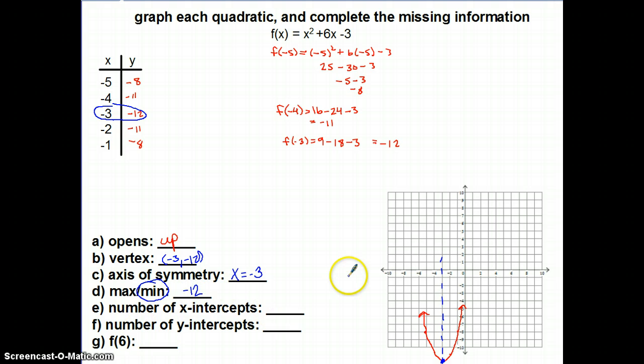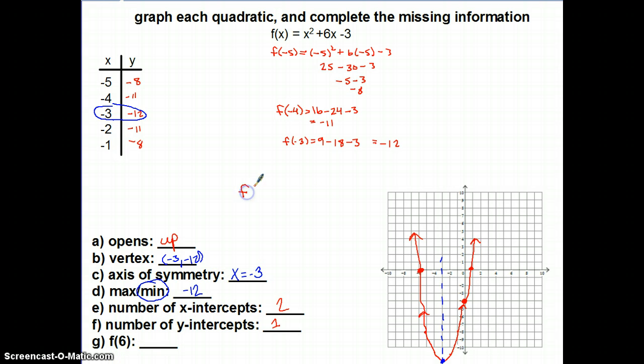The number of x-intercepts, if we were to extend this graph following its path as it should go, you will see that it will cross the x-axis twice, so it does have 2 x-intercepts, but it will only ever cross the y-axis once, so there is only 1 y-intercept. We'll go ahead and now find f of 6 as we are requested.